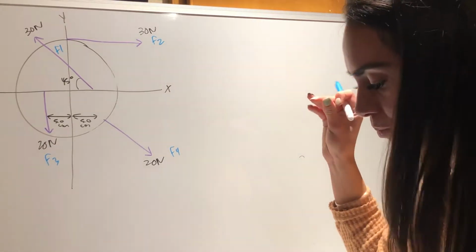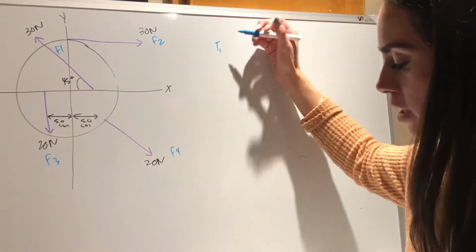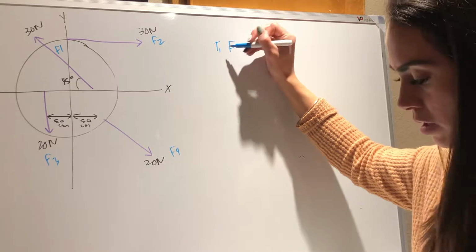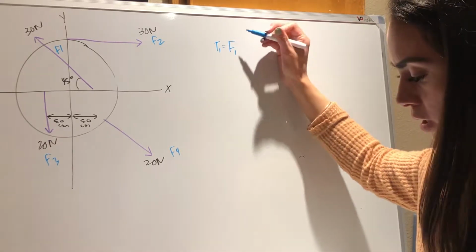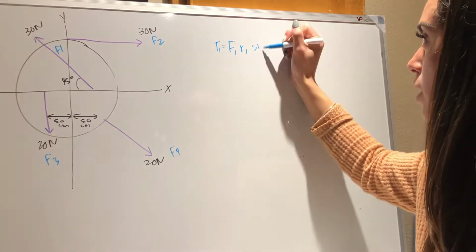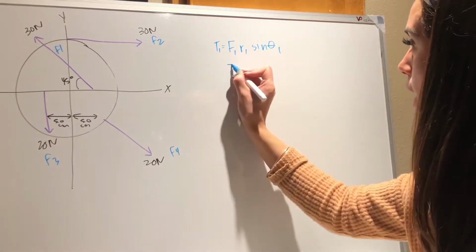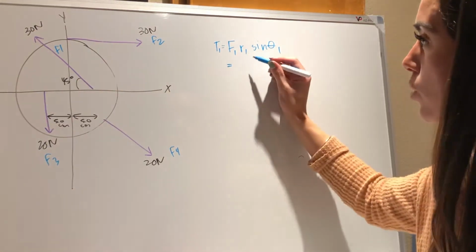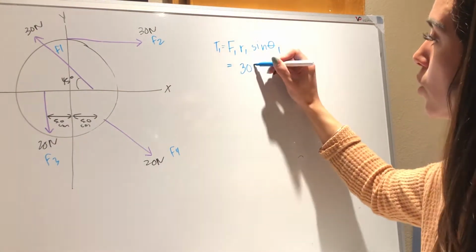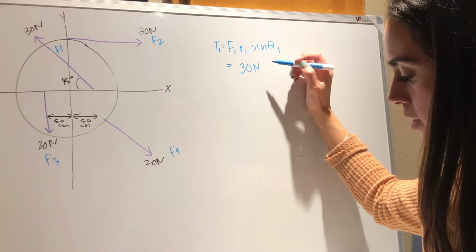But we're going to do, so the torque of number 1 is going to be the force 1 times the radius of 1 times the sine of the angle of 1. And that's going to be this one right here. So the force of this one's 30 newtons. The radius of this is going to be 5 centimeters.